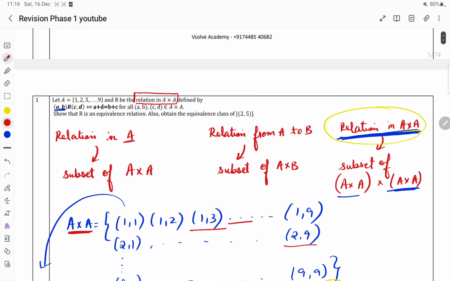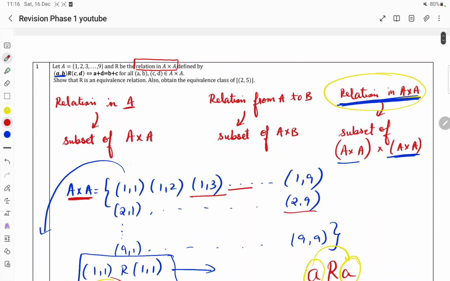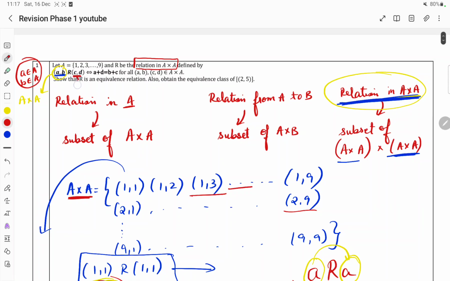Here they have defined the relation (a, b) by taking it from A cross A, which means a belongs to set A as well as b belongs to set A. Here (c, d) is also taken from A cross A, so c belongs to set A and d also belongs to set A. This is the basic concept we should know.